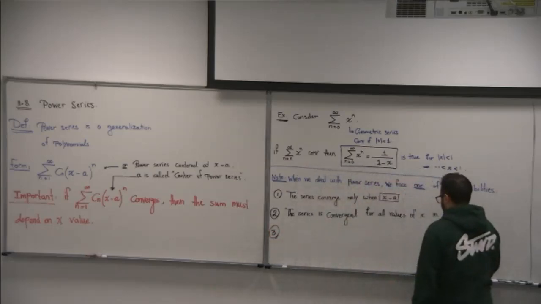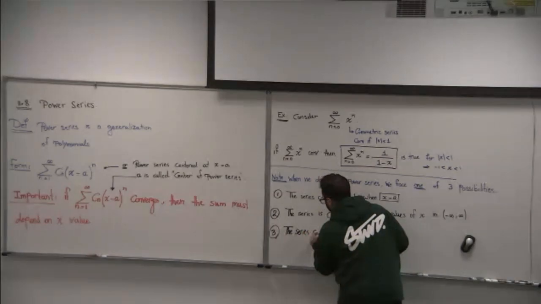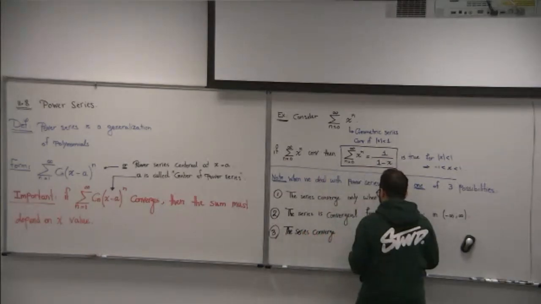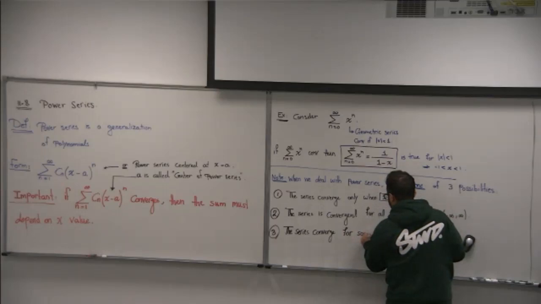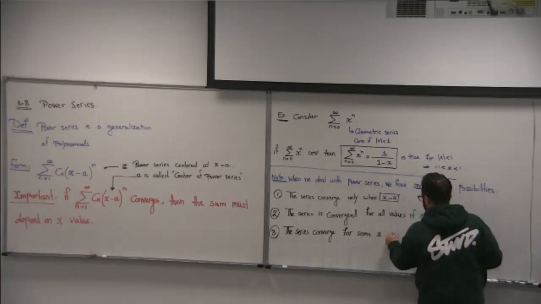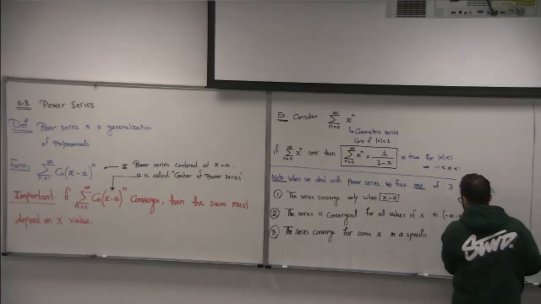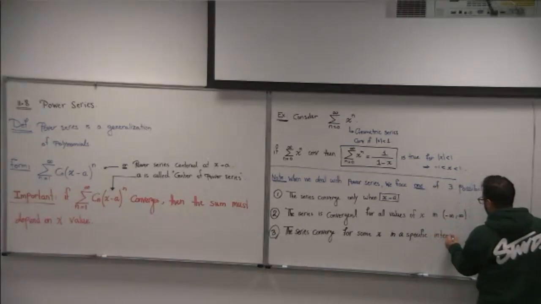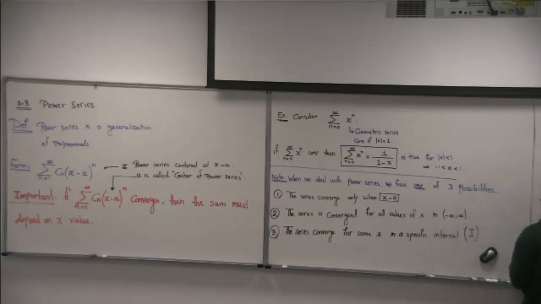The most common one is the third scenario, which is basically the series converges for some x in a specific interval, and we denote that by I. We call I the interval of convergence.